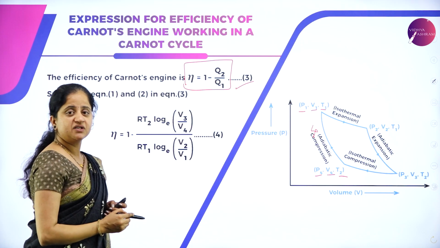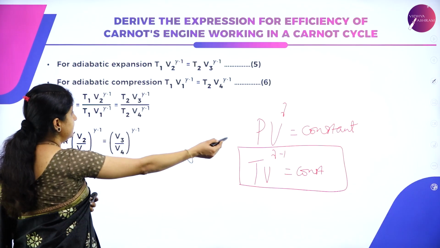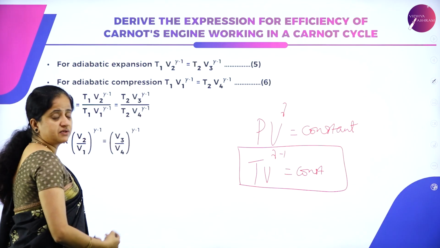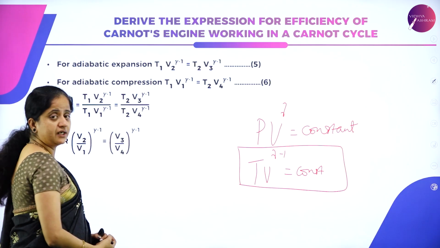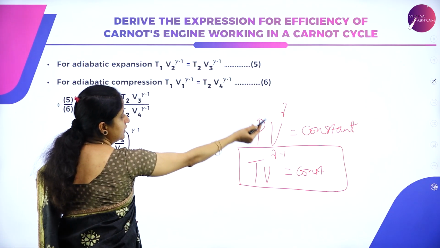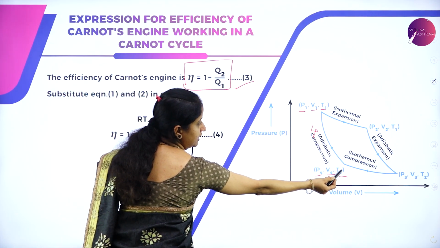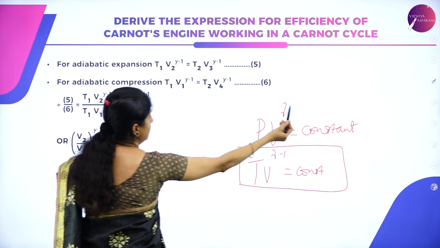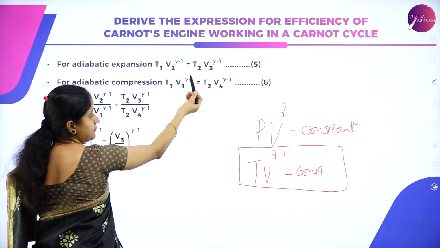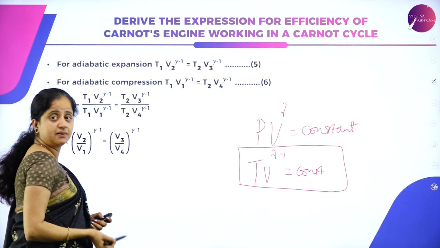Now writing the equation of state for fourth stage, we will get T1 V1 gamma minus 1 is equal to T2 V4 gamma minus 1. So this is according to the fourth stage. You can observe P4 V4 T2, P1 V1 T1, and hence here T1 V1 gamma minus 1 is equal to T2 V4 gamma minus 1.